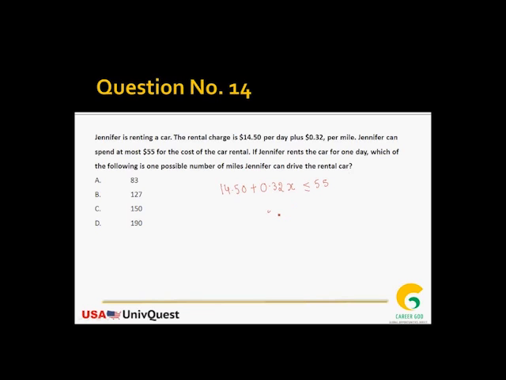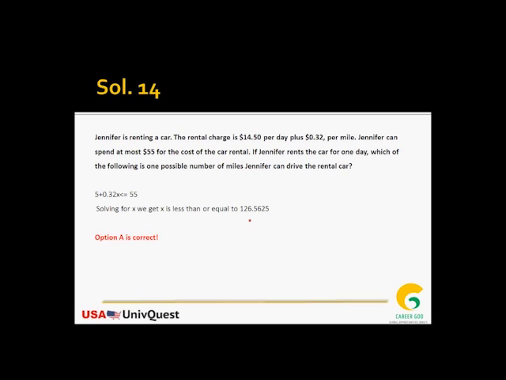So 14.5 plus 0.32x is less than or equal to 55. 0.32x is less than or equal to 55 minus 14.5. x is less than or equal to (55 minus 14.5) divided by 0.32. If you solve this, you get 126.5625.